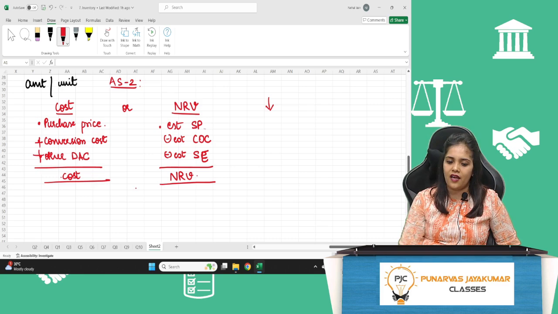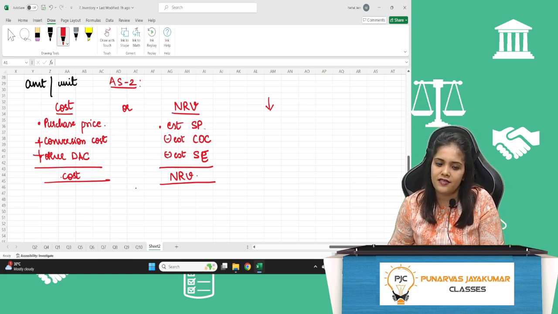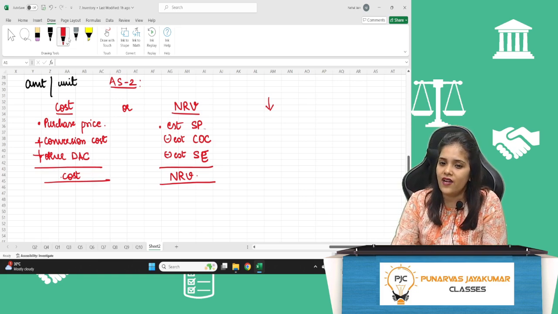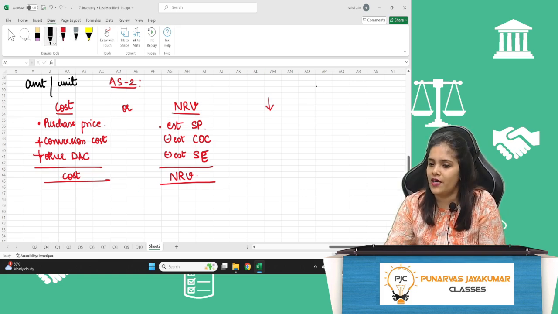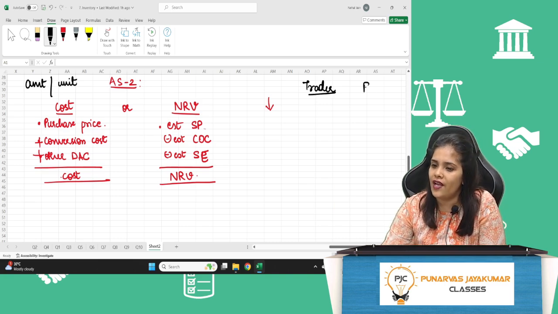How to calculate NRV? Estimated selling price minus cost of selling, which can be of multiple types. Let's say for example, what does a trader do? Buy goods and sell goods. But what about a manufacturer?